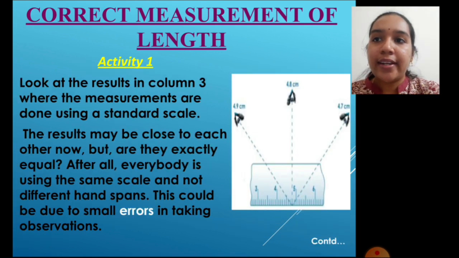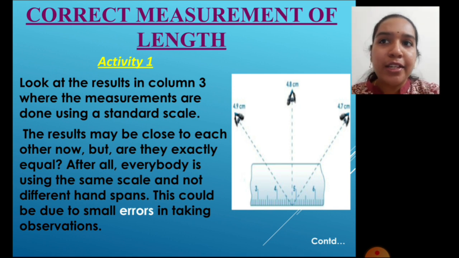Now look at the results in column 3. In column 3, when everybody used the meter scale as the measurement medium, the results obtained are almost similar. But children, though the results may be close enough to each other, they slightly vary sometimes due to certain errors.